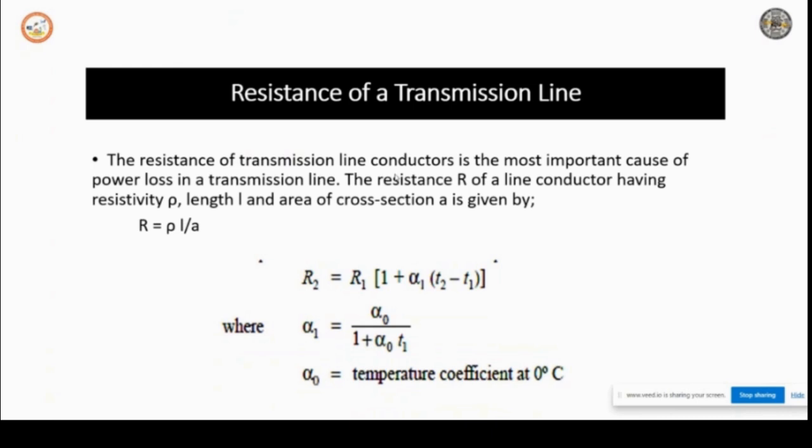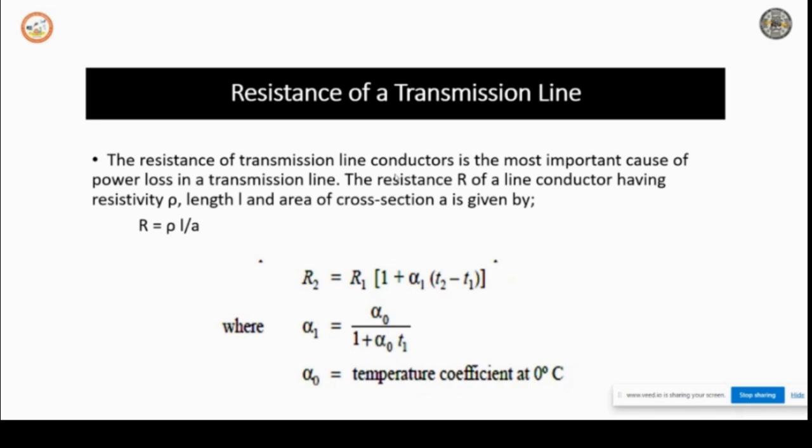Now you understood how in the equivalent circuit the same voltage is applied across each conductance and capacitance, how the elements connected in series are lumped, and how exactly the current distribution happens. Everything you understood. Now we are moving on to the next concept, that is resistance of a transmission line.